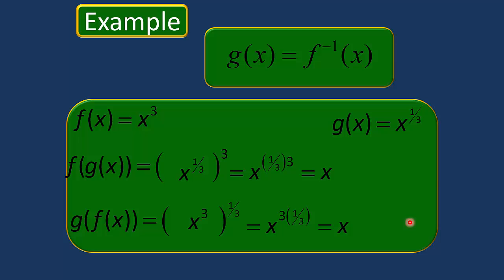Now, notice that this right here is read f inverse of x. This is not f raised to the negative first power. This is not 1 over f of x. In mathematics, you have to use context sometimes. And the context here is we're dealing with a function, and whenever you're dealing with a function and you see this -1 like this, it indicates inverse. So this f inverse of x is the inverse of f of x.